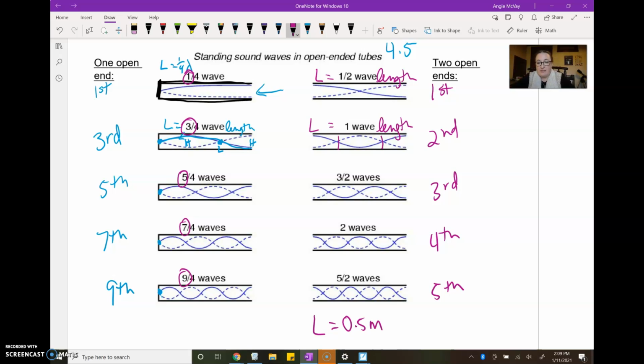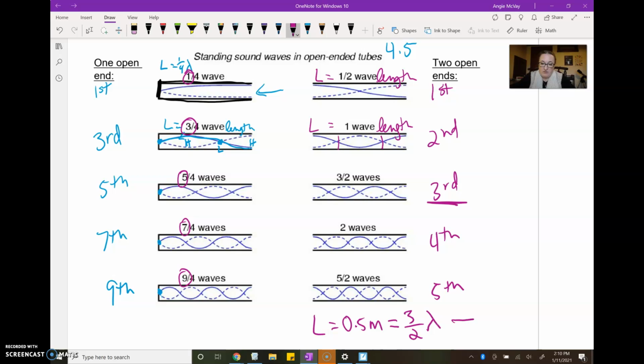And it's oscillating at its third harmonic. Okay, so the length of the pipe is equal to the third harmonic, 3/2 of a wavelength.